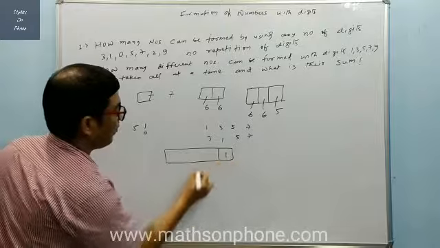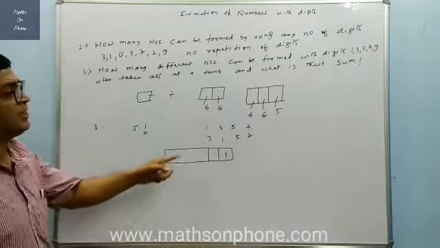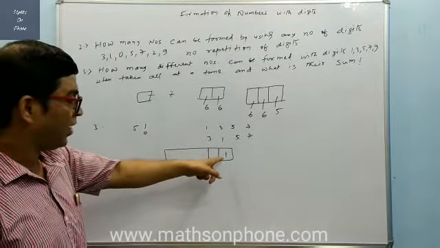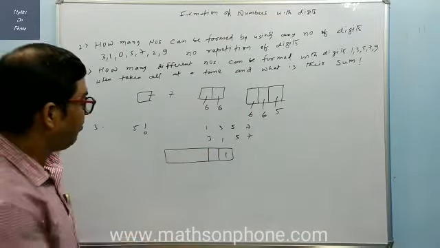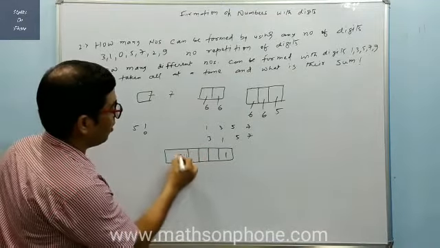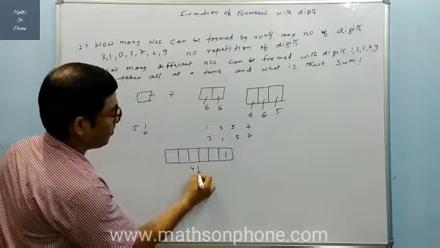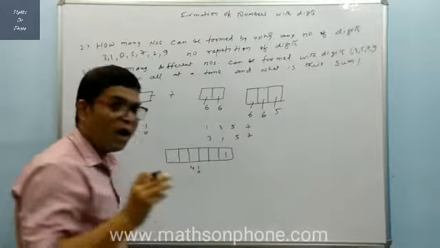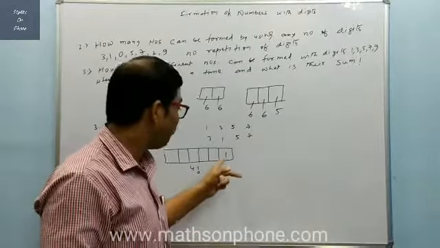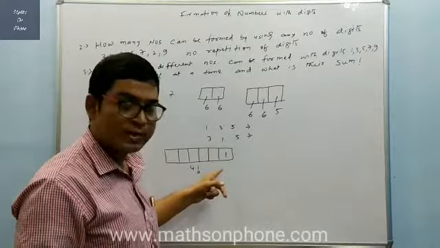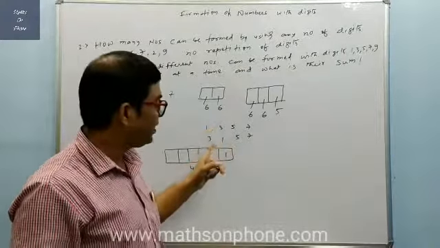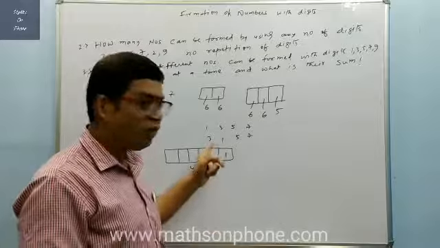See, the remaining 4 places can be filled up. If I have fixed 1 at the unit place, it can be filled in 4 factorial ways, which is 24. So 1 is coming 24 times at the unit place. Same way, 3 is coming 24 times at the unit place.